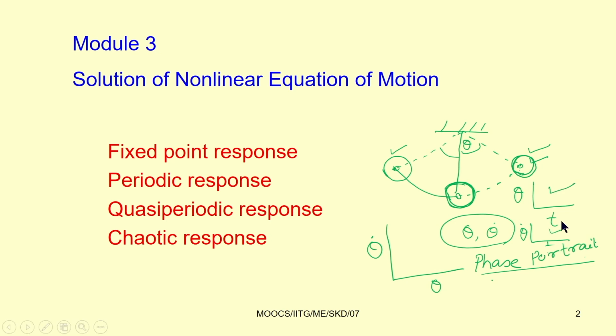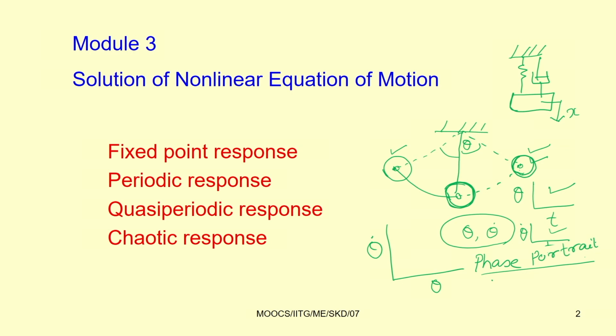Similarly, in the case of a spring mass damper system, this is the mass, and we can study the motion of this mass x. We can plot how x is varying with time and how x dot is varying with time.